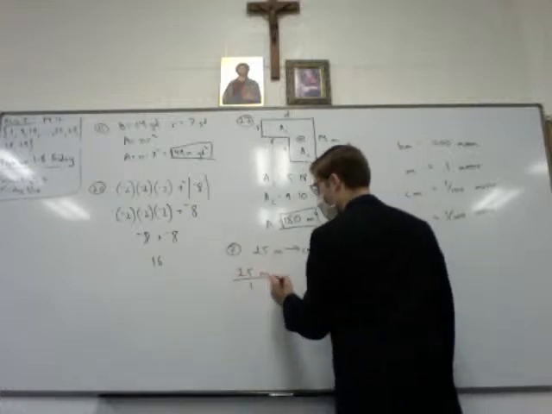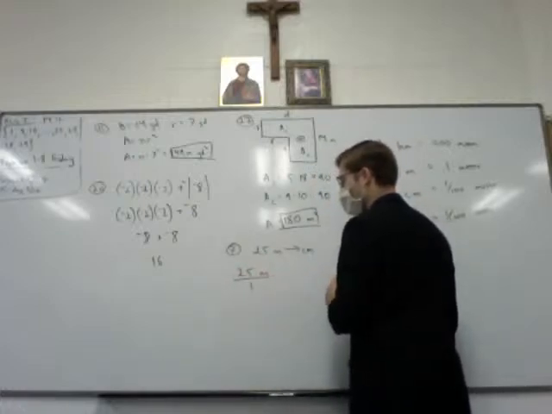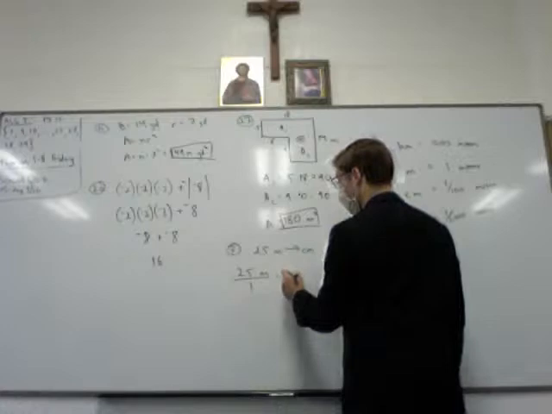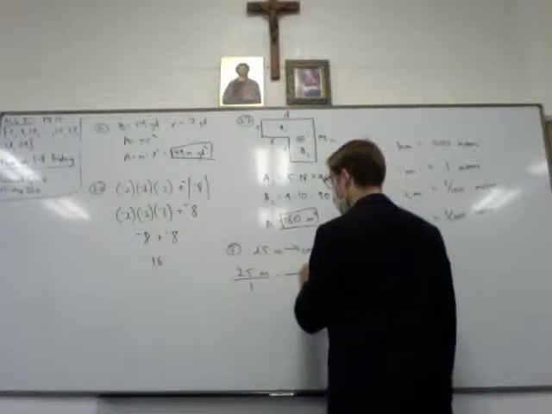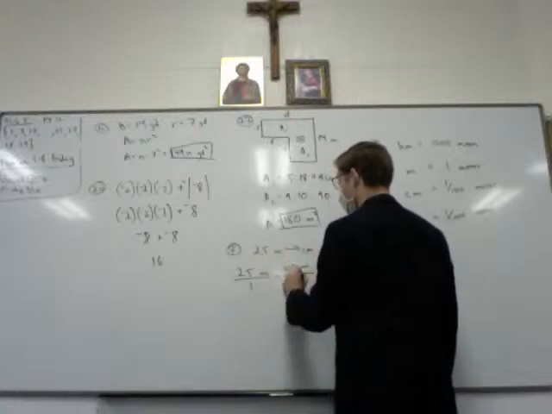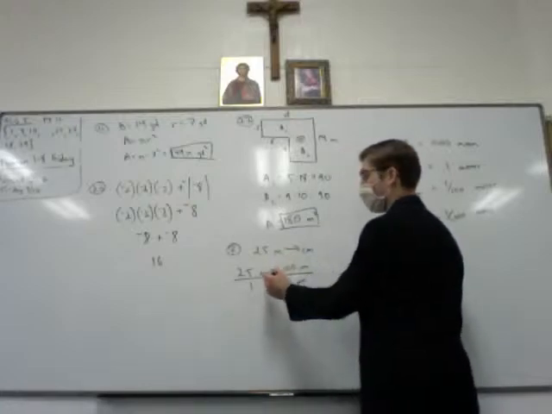All right, then what do we do? Well, 1 centimeter. What are we going to do next? 100 centimeters. So 25 meters times 100 centimeters over 1 meter. Notice we want to get rid of meters.